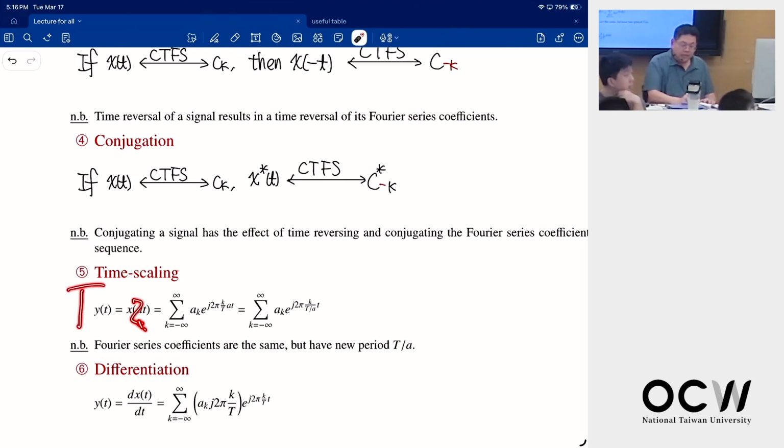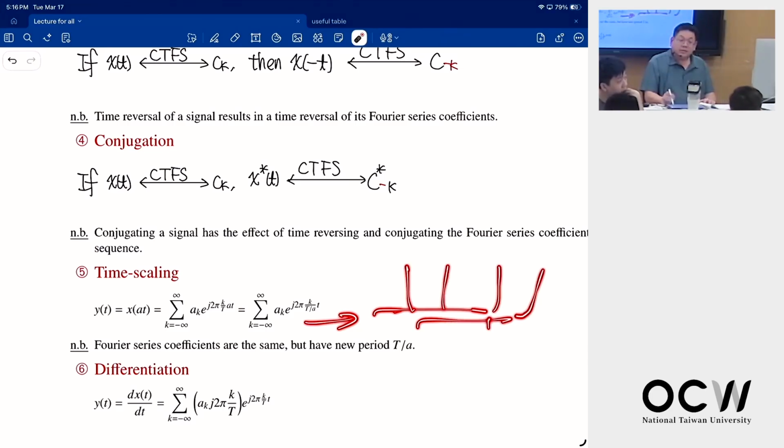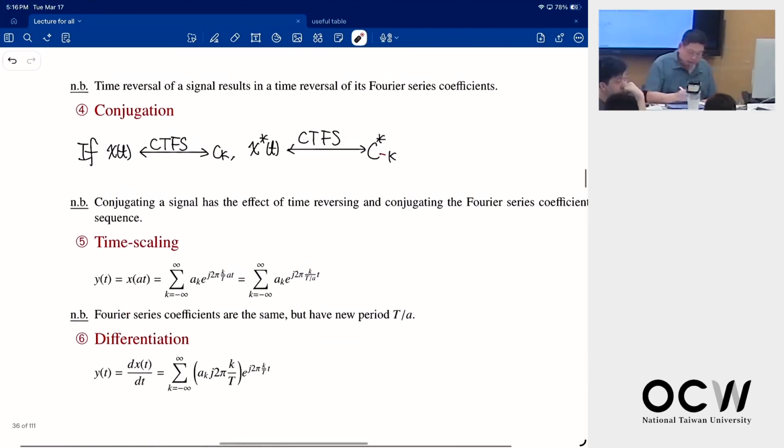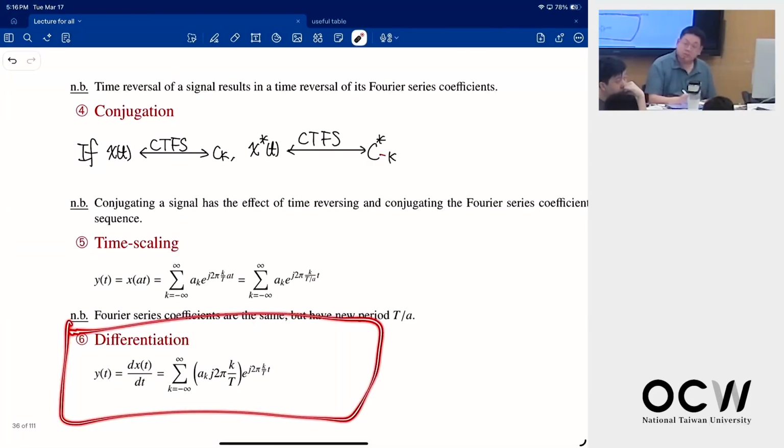I have a period T, but if I compress, my new period will be T over 2. You can plot one signal, a discrete time signal, then you can observe. This one is very important. You should make a mark, okay?